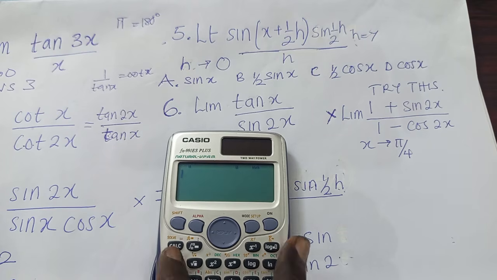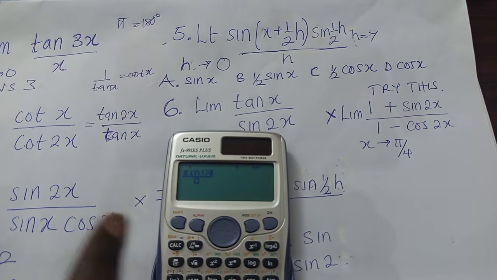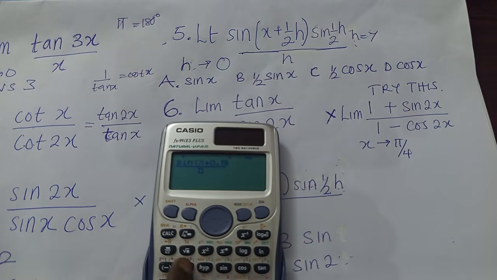Okay, number 5. So we can now go fraction, sine, open bracket. It's already open bracket, sorry. Shift alpha, close bracket, plus, then this is half. Half is 0.5. Then shift XD to bring h as our y.